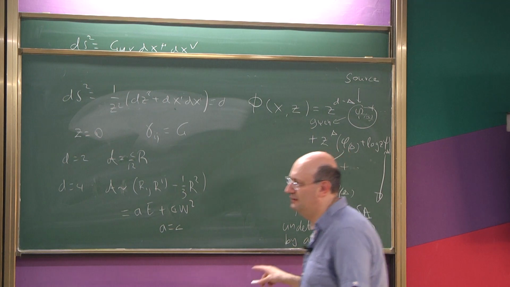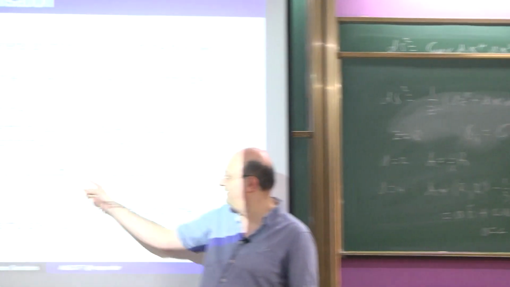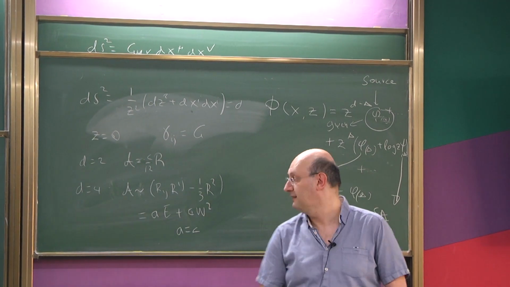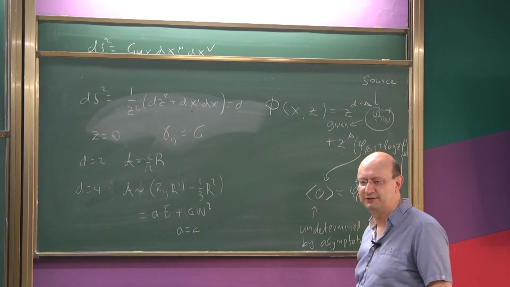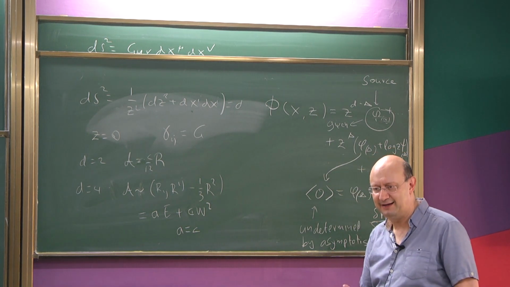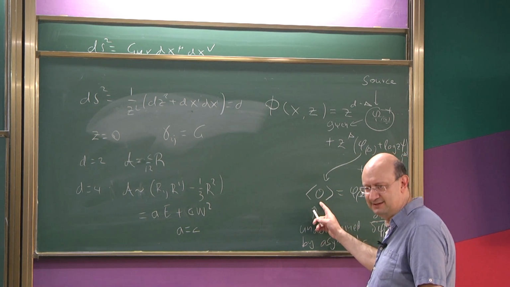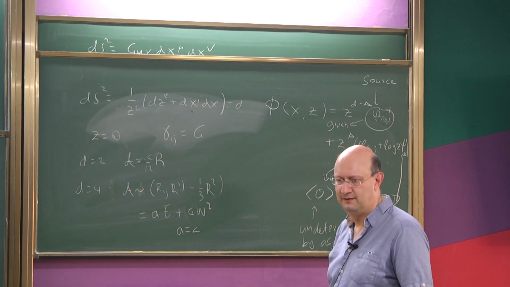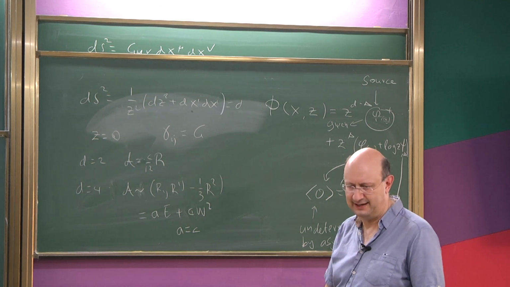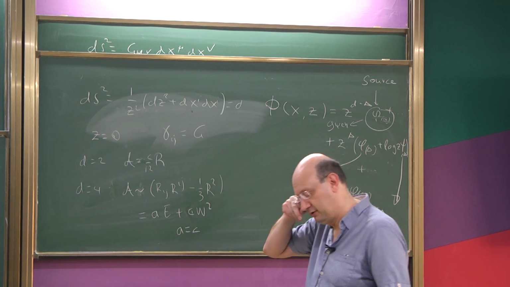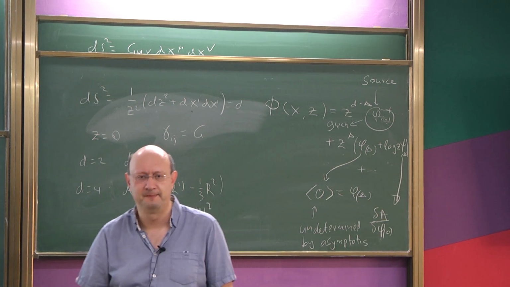Even though here I have the entire phi, this piece always drops out, so the infinities are locally determined. The irregularity in the infinity is what determines this one. You don't need this, yes, but we'll go back to the regulator because we will also compute correlation functions.